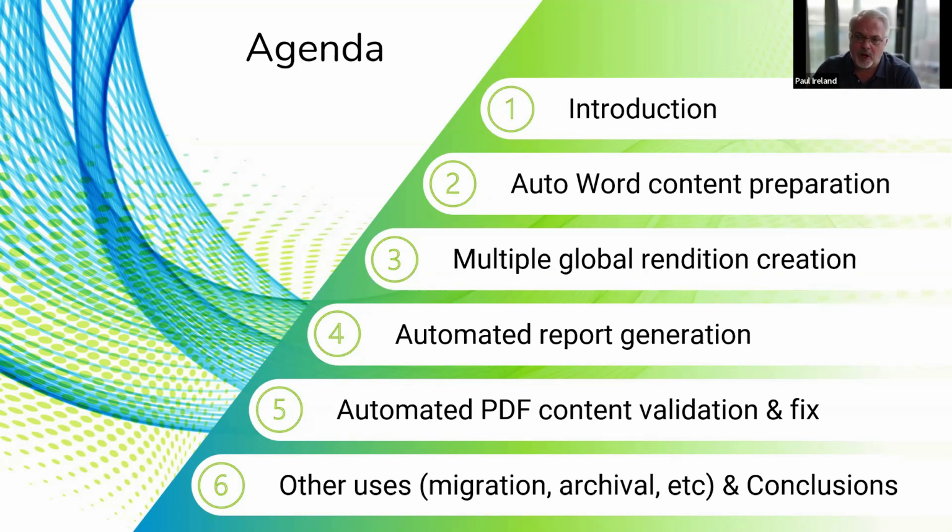And then focus a little bit on the PDF preparation stages, ensuring your PDFs are truly submission ready and compliant. And again, how you can automate that process and automatically report on things and fix many elements as well. And we'll look at the end some specific use cases around helping you migrate content from one repository type to another, also. So we'll cover some additional ad hoc elements at the end.